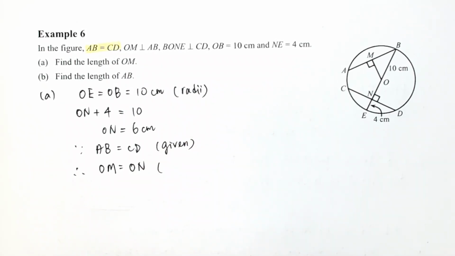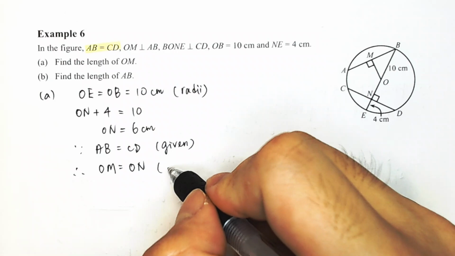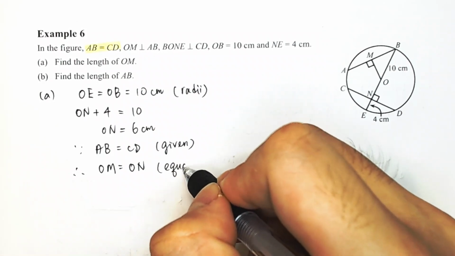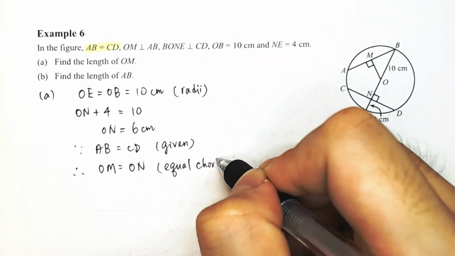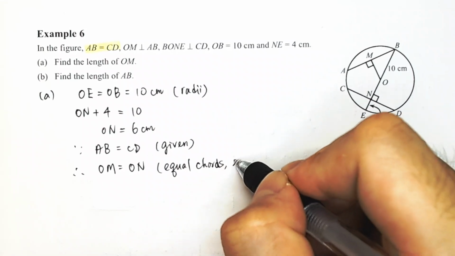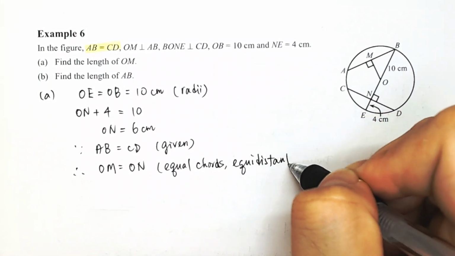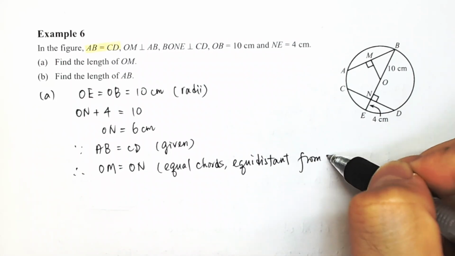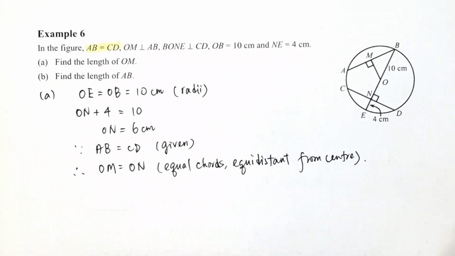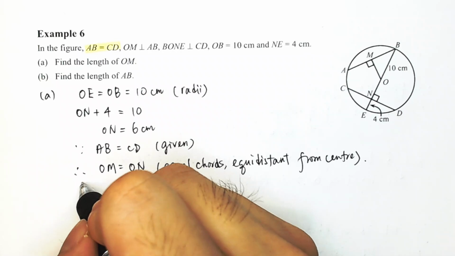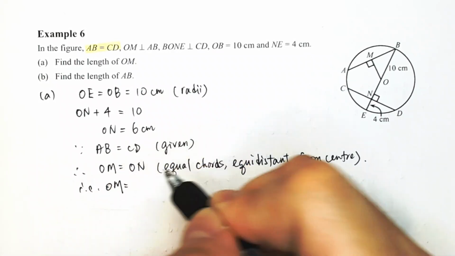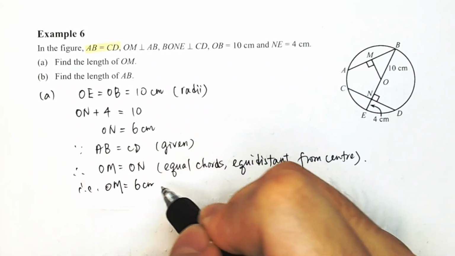Okay, and its reference is equal chords equidistant from center. And that is OM is 6 cm.